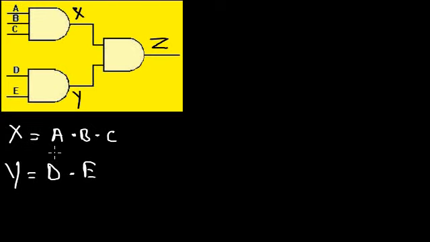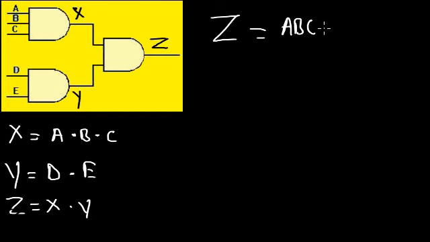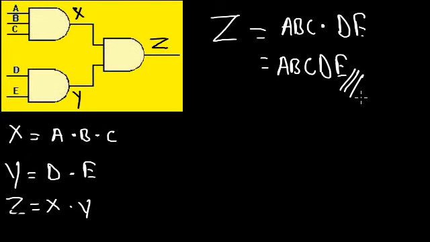And according to the AND gate, the inputs are going to be multiplied. So Z is going to be equal to X times Y. And X is ABC. So finally Z will be equal to ABC times DE. The final answer is ABCDE, and this is the output for this problem.